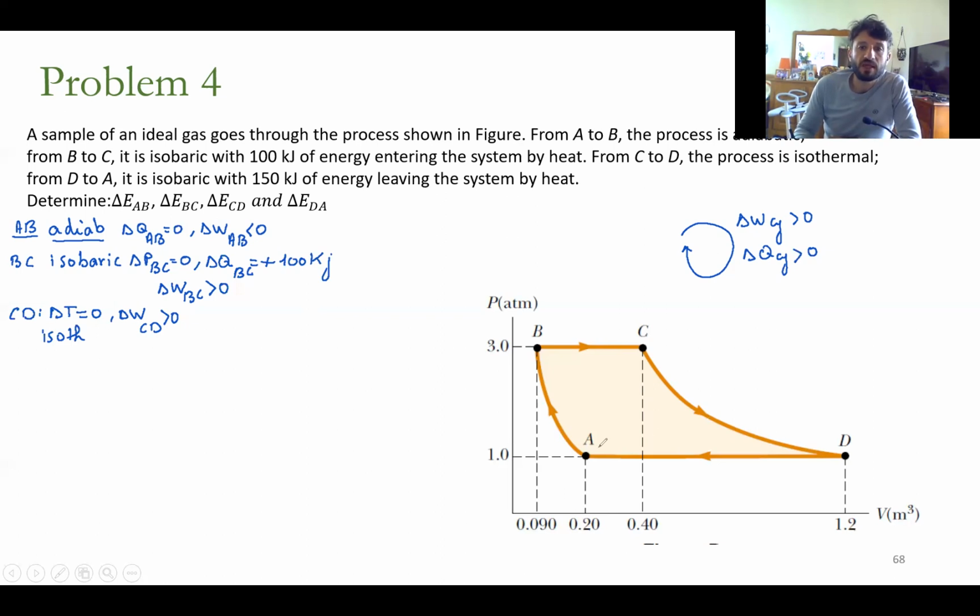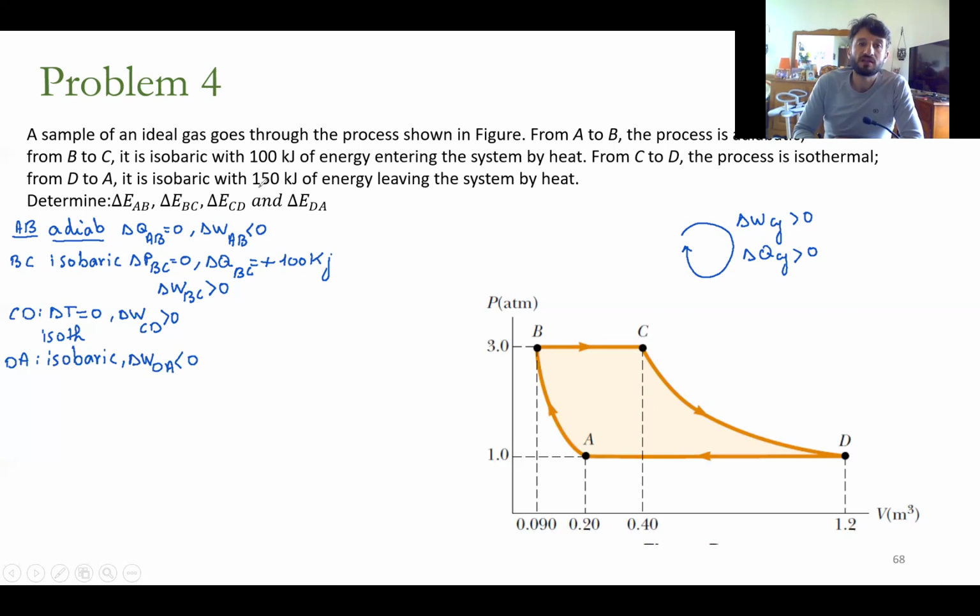From D to A, we have P constant, isobaric, and we decrease the volume, so the work of DA must be negative.